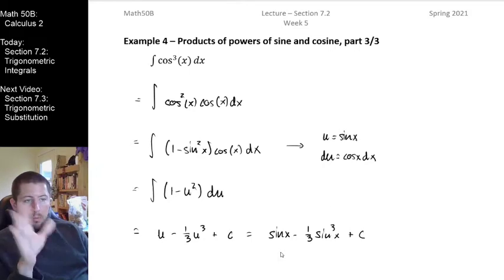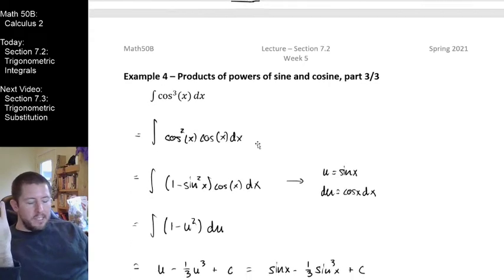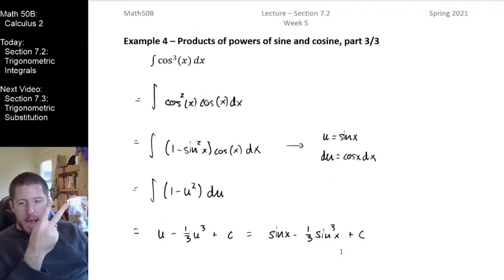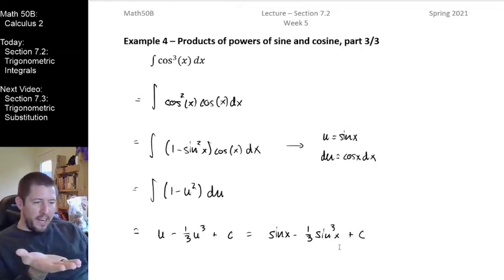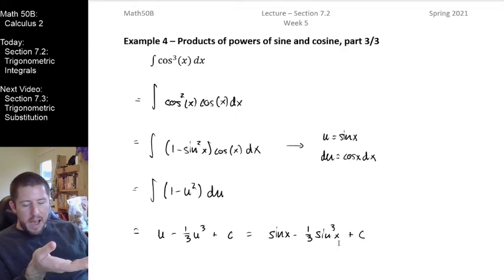Also notice real quick, remember up above we had the definite integral from 0 to pi of this expression. Technically it was of the 2x in there, so there would have been some extra constant multiples popping out. But we're getting 0, right? Notice that if we evaluated this guy both at 0 and at pi, then we're getting 0 for all the sines of 0, and 0 for all the sines of pi.